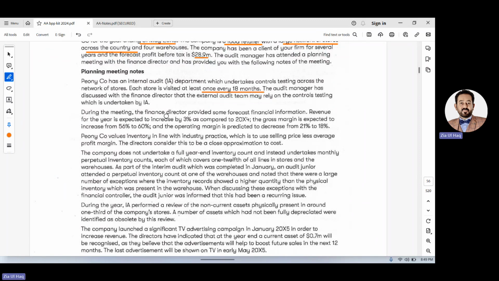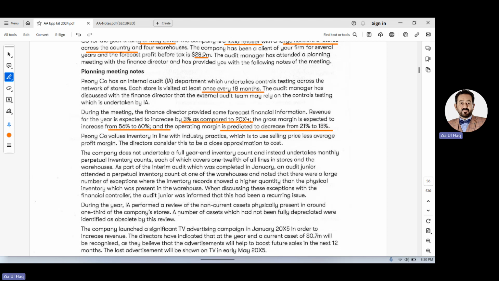During the meeting, the finance director provided some forecast financial information. Revenue for the year is expected to increase by 3% compared to 20x4. Gross margin is expected to increase from 56 to 60%, and operating margin is predicted to decrease from 21 to 18%.